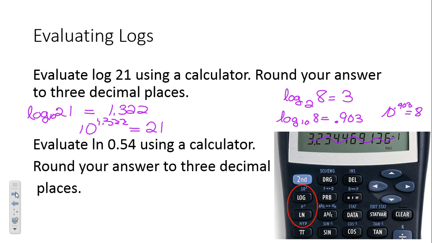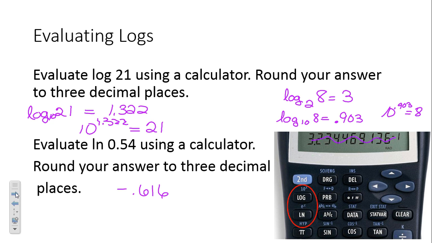The natural log of 0.54. Did everybody get negative 0.616 to 3 decimal places?